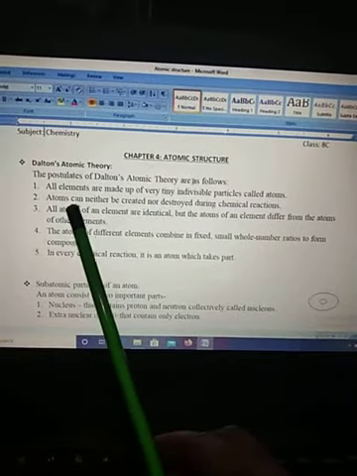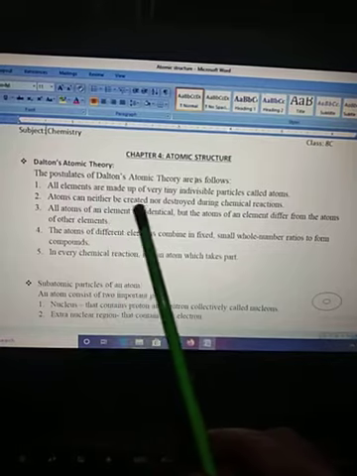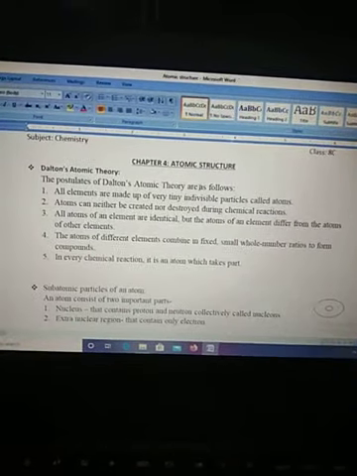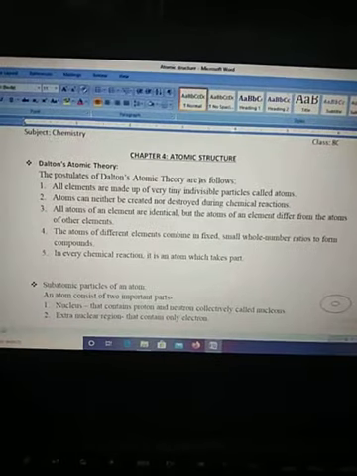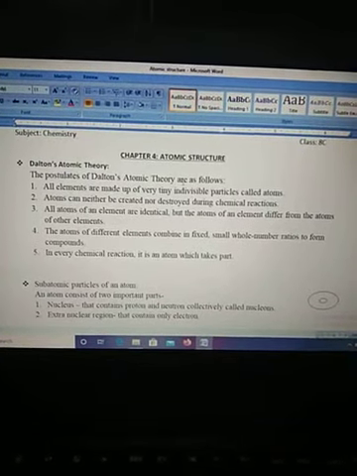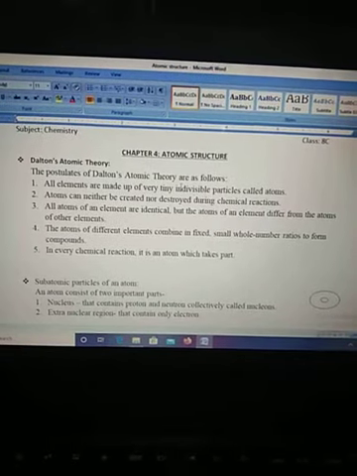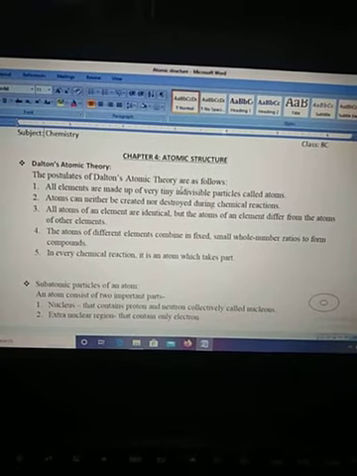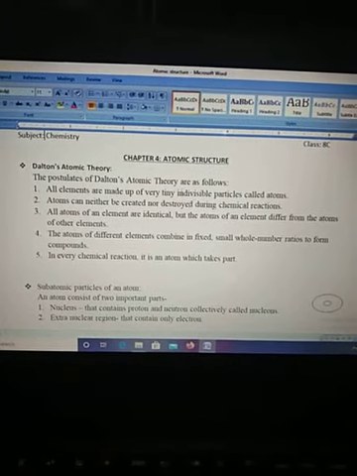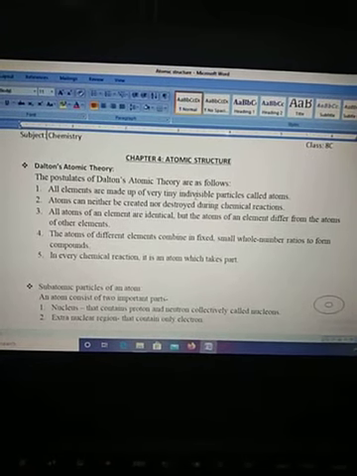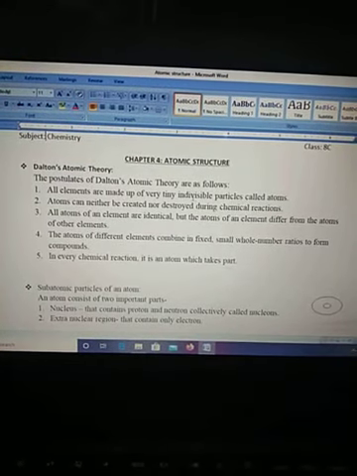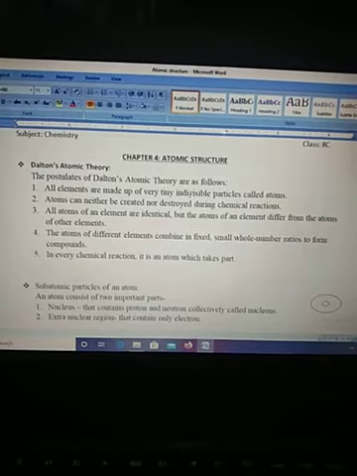According to the first point, all elements are made of very tiny indivisible particles called atoms. That means every element is made up of very small indivisible particles, meaning particles which cannot be further divided. They are called atoms. For example, if you want to get an idea of an atom, let us take a chalk. I start breaking it.